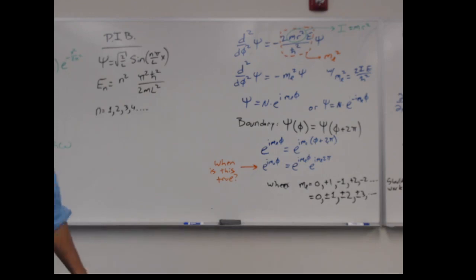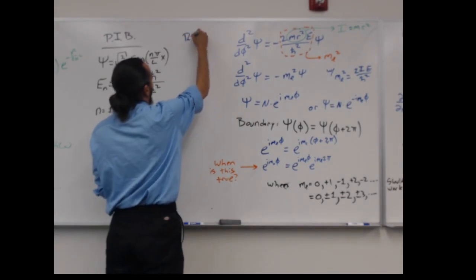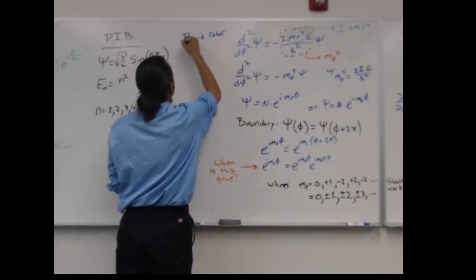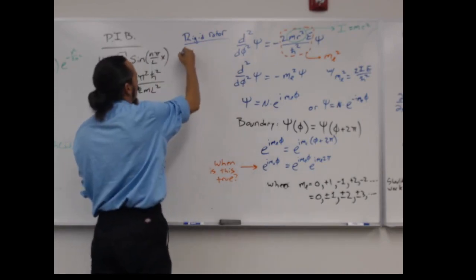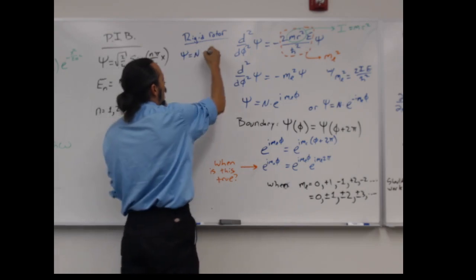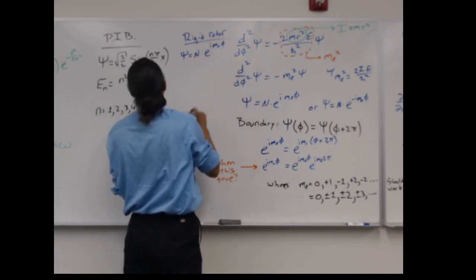Now, let me do one more thing. We can write down rigid rotor solutions over here, where our psi is going to, I didn't solve for the normalization constant yet, but we're going to have some e to the I m l phi.